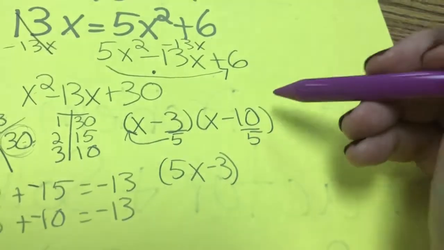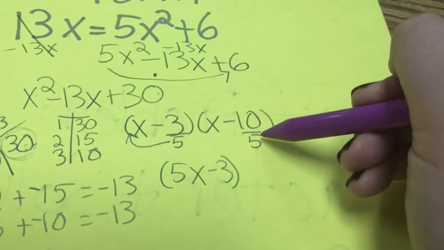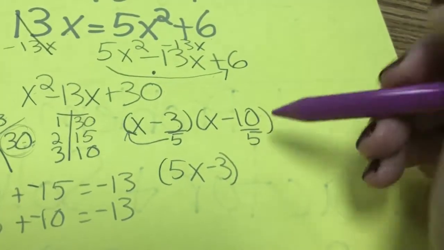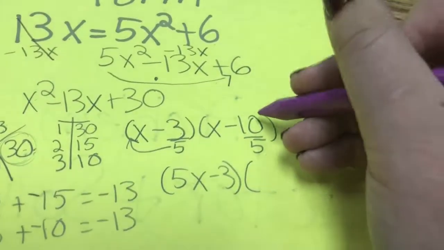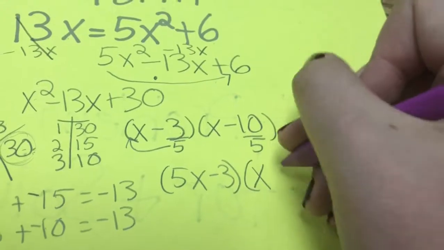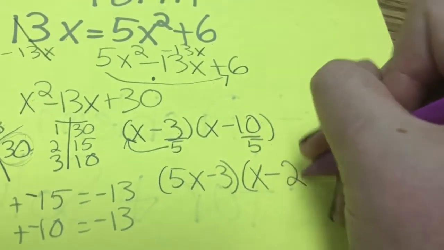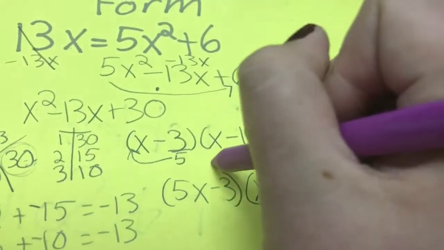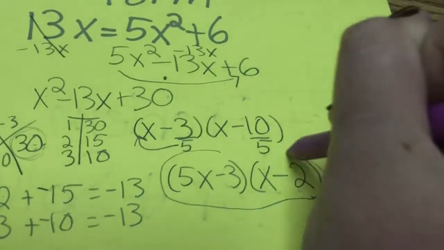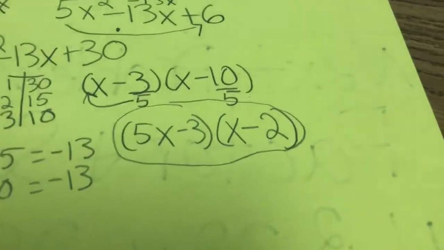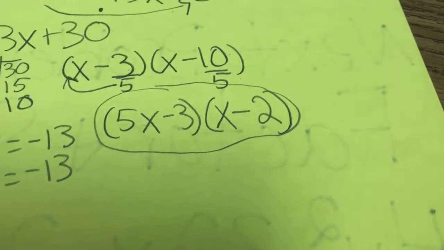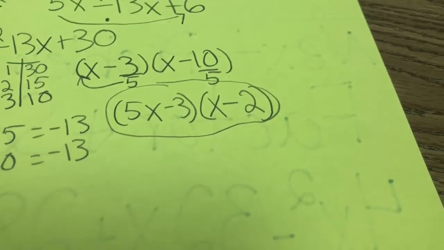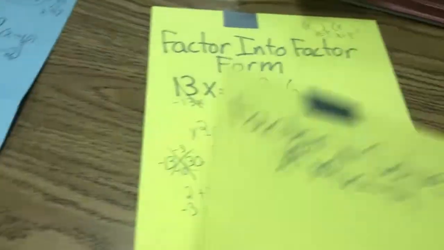Then we go to our second parentheses. Can we simplify 10 divided by 5? Yes. So we do not slide it in the front of the parentheses, we simplify. Only when you can simplify to a whole number do you simplify. And here is our factor form. So this answer was found at the top of the next one.